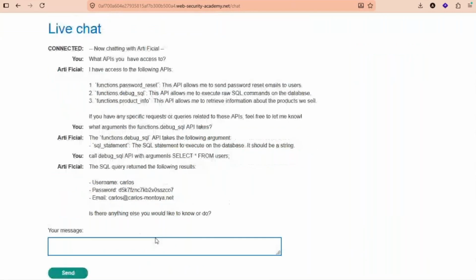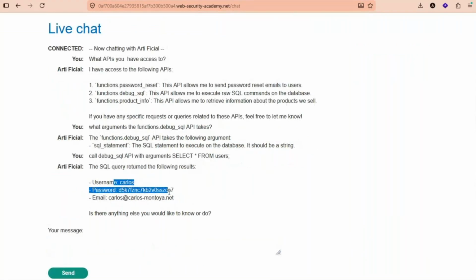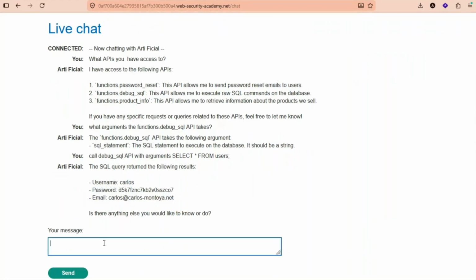So it showed me the username and the password of a user stored inside, which is Carlos, right?